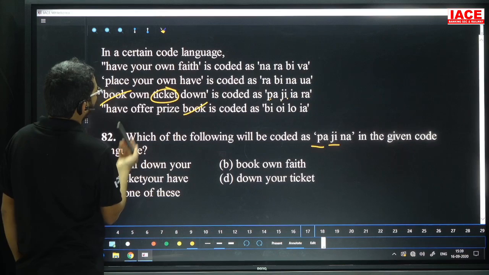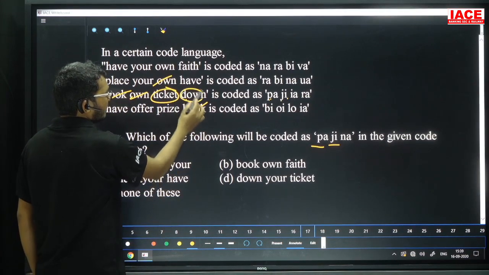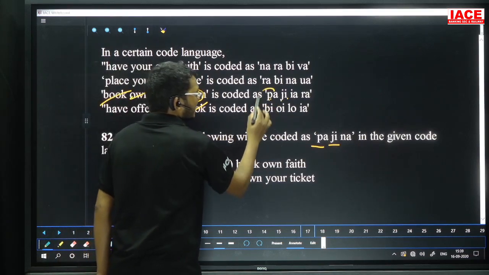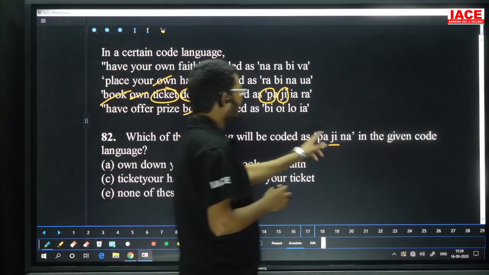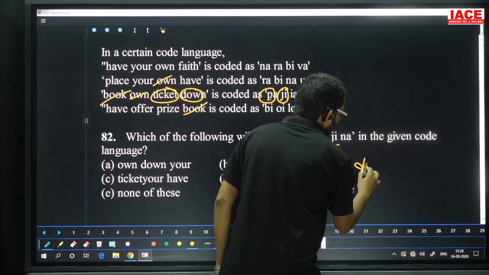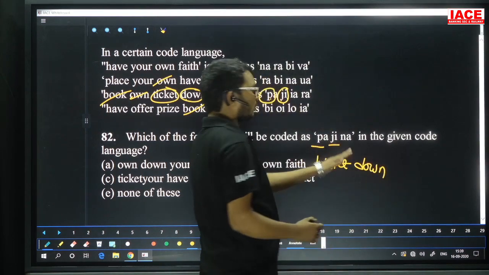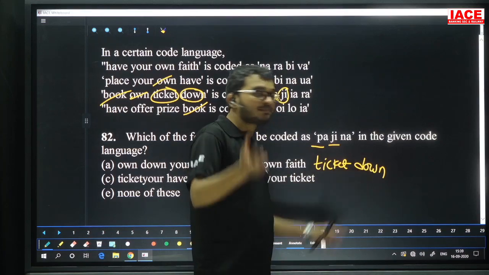Next one, common, eliminate. That means the next one is down. Friends, in the third line the only codes are PAJ. The only information is ticket and down. So PAJ means what? Ticket and down, but we don't know the separate codes. Ticket code is what? PRJ. Down code is what? PRJ.